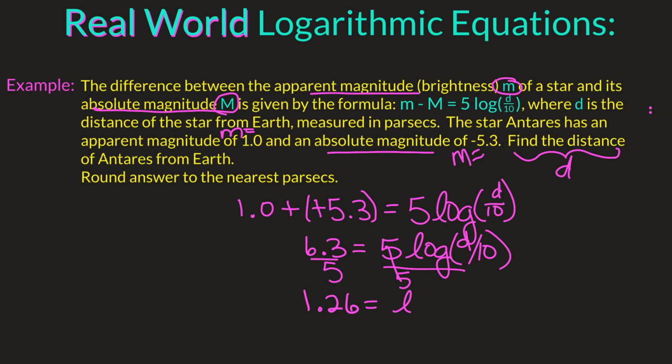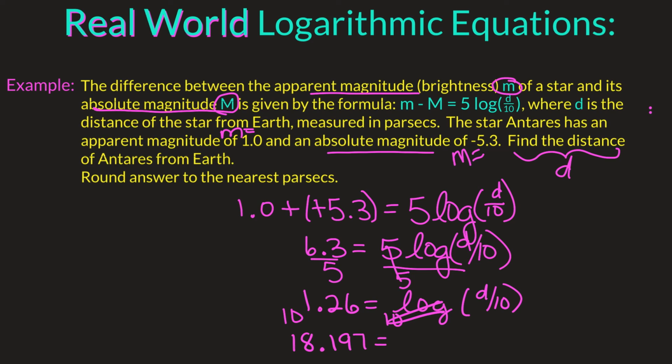And that's equal to the log of d divided by 10. So now we need to exponentiate both sides. Well, the base of log is just base 10, so we're going to do 10 to the log on that side and then 10 to the 1.26. So if I do 10 to the 1.26 power on my calculator, it comes out to be 18.197 rounded.